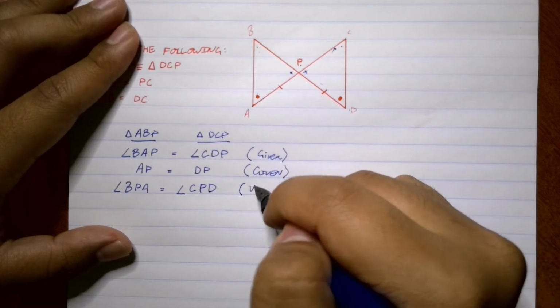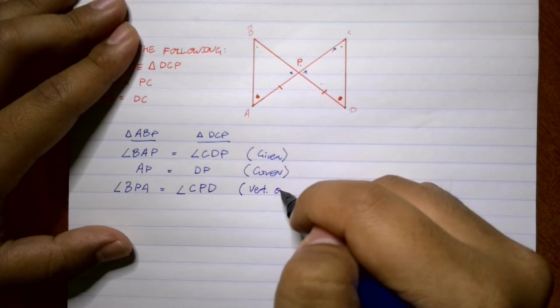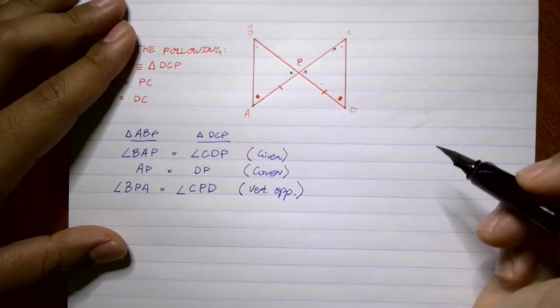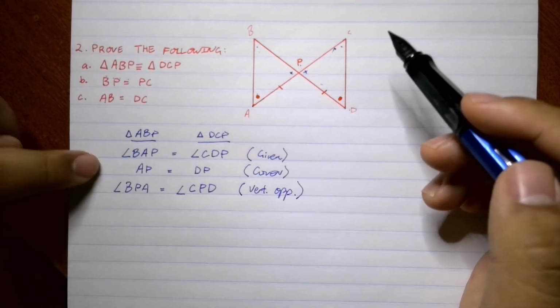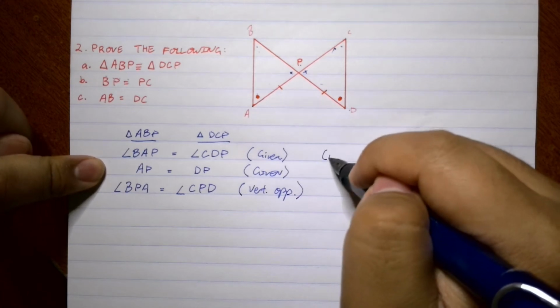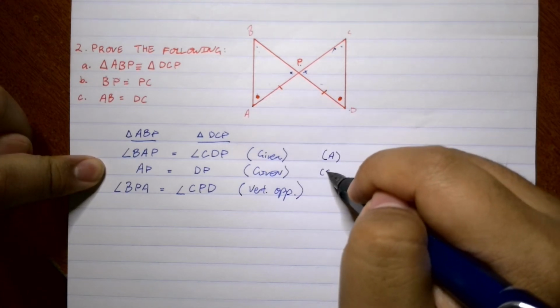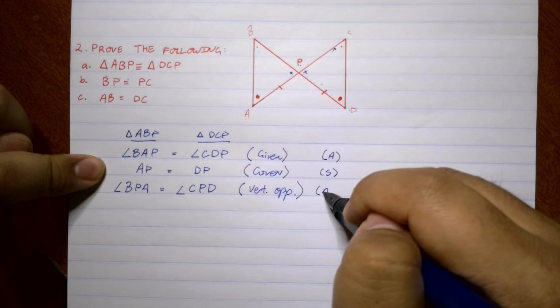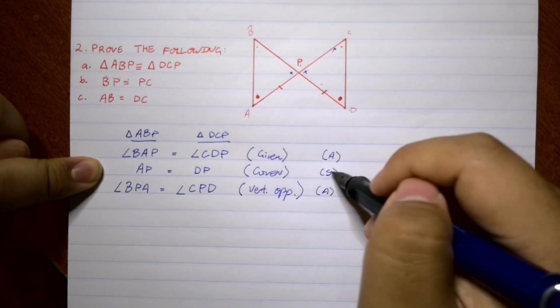And these are equal because they are vertically opposite. Now let's take a look. We have two angles. That is an angle. This is a side. This is an angle. Angle, angle, side.